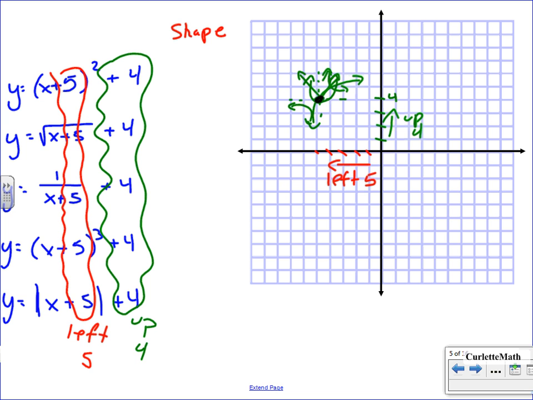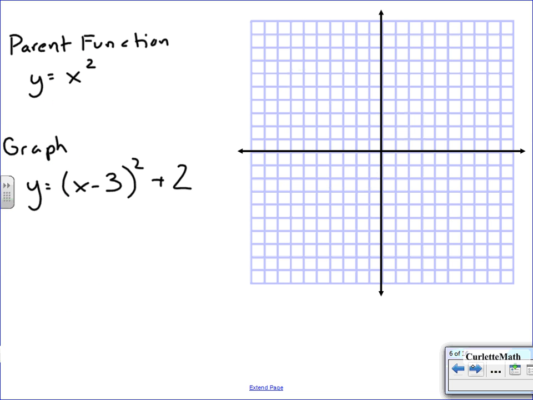So let's go back and look at each one of these individually. What happens if we take the parent function of y equals x squared? Now, y equals x squared is a parabola that starts at the origin and opens up. So what happens if I have it now, y equals the quantity x minus 3 squared plus 2?